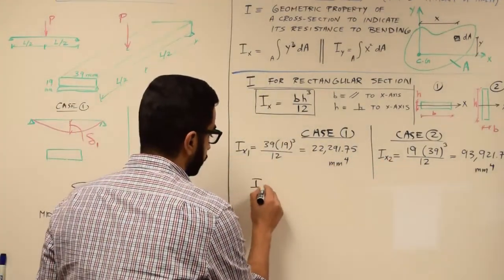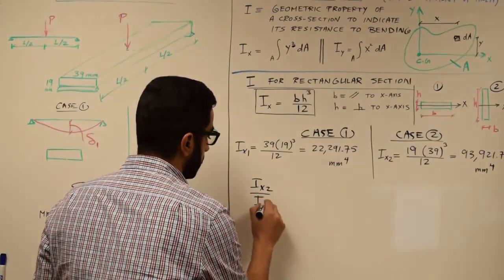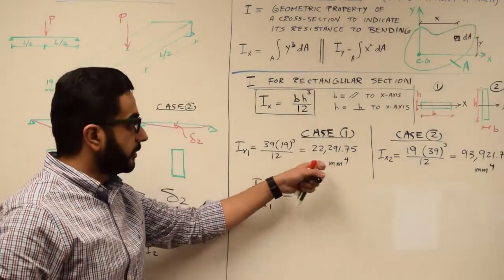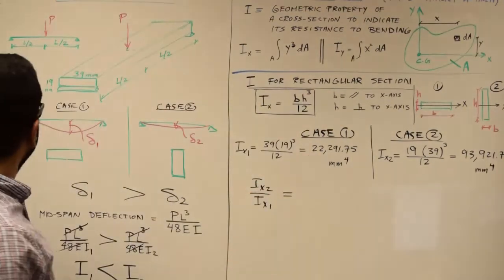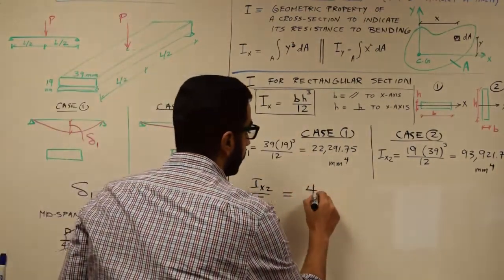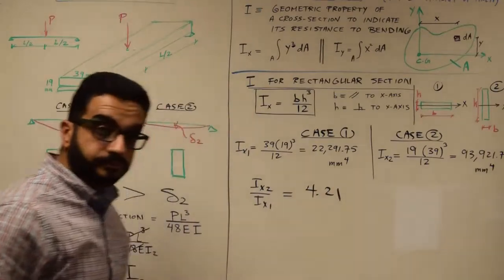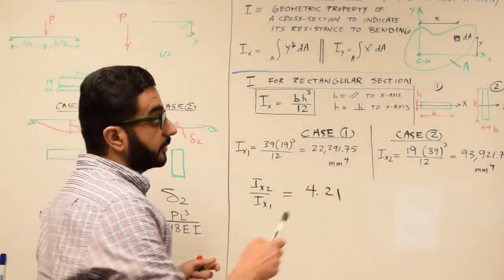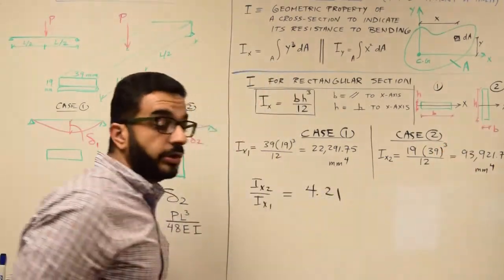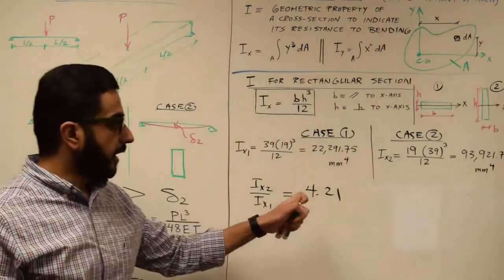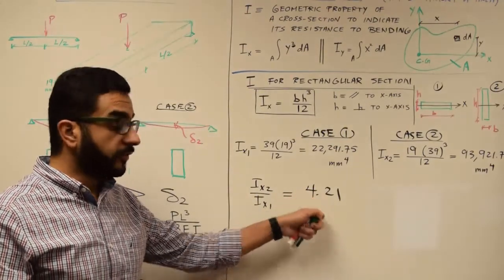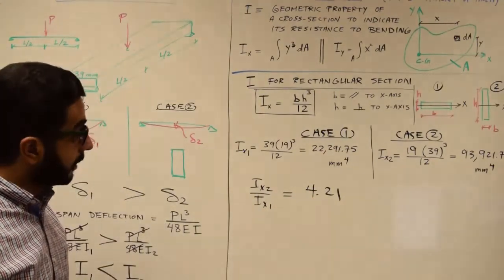Now what's the ratio between Ix2 and Ix1? Calculate that. 93,000 around over 22,000. That's a 4.21 factor. So the same cross section, by changing the orientation from here to here, you made it stiffer and stronger against bending and deflection of the bending, 4 times, 4.2.